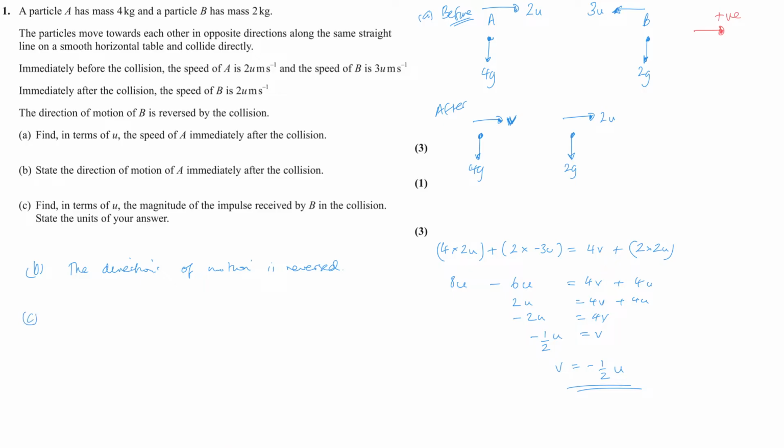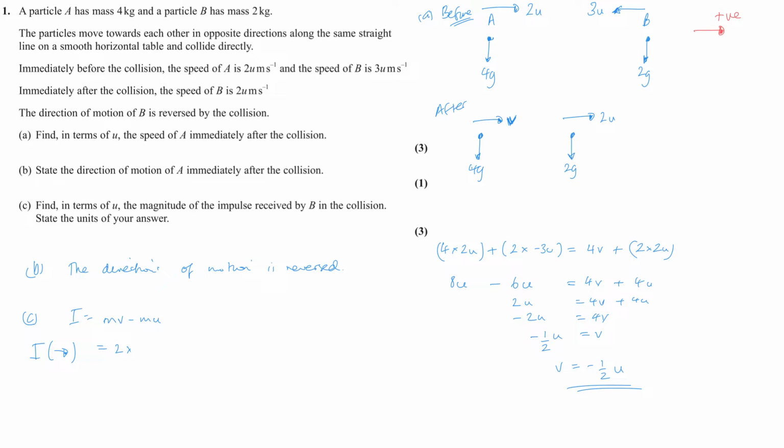Part C is the impulse, and that is the change in momentum, so like mv minus mu. So its mass is 2 times 3u, not times 3u. Actually, let's start off with just a direction. I'll take impulse to the right.